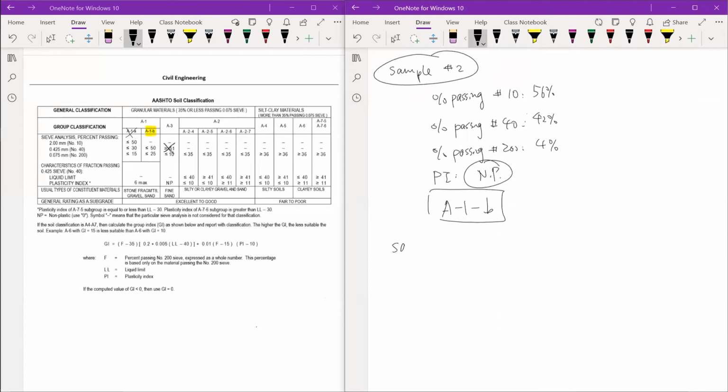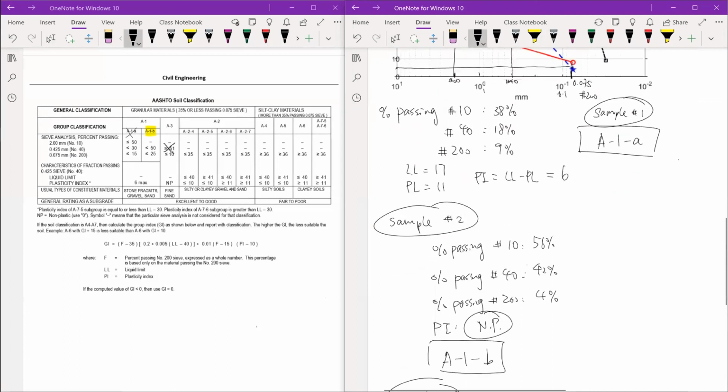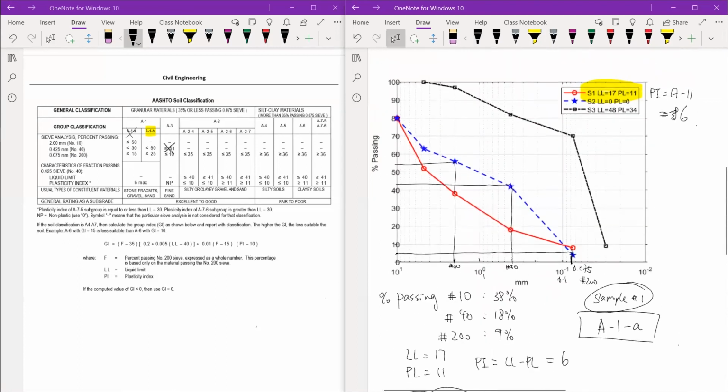How about sample number 3? For sample number 3, obviously we have a fine-grained material because we have 70% fines passing number 200.